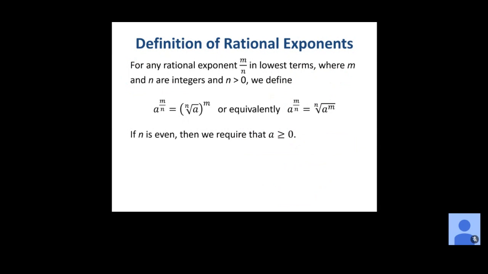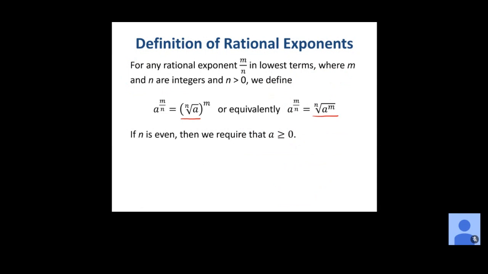But a to the m over n power now can be rewritten as a radical where m becomes the exponent on the outside and n becomes the index of our radical. And notice here, it could be written this way or this way. It doesn't matter whether you put the m power on the outside or the inside.